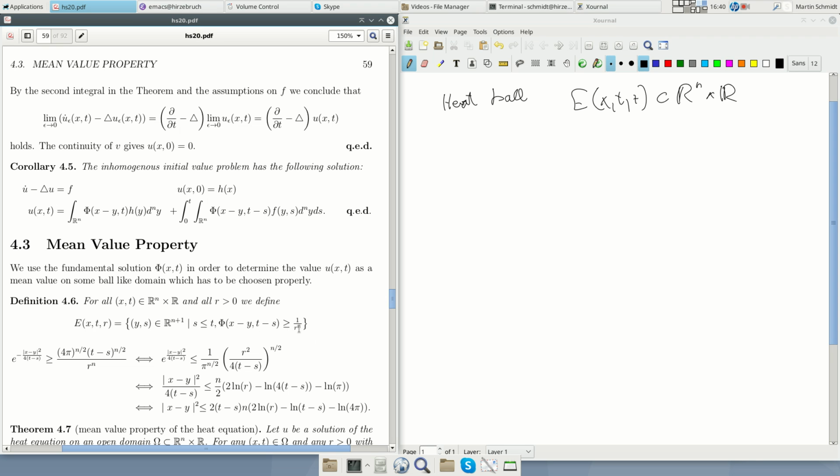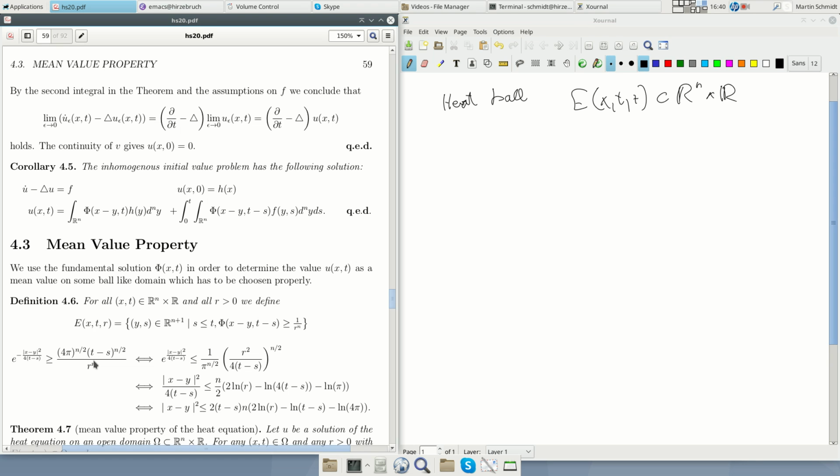The power of r is different, but everything else is very similar. If we do the same thing for the fundamental solution of the Laplace equation, we get the usual balls which we used in the Laplace equation. So this is really a natural way to generalize this to the heat equation.